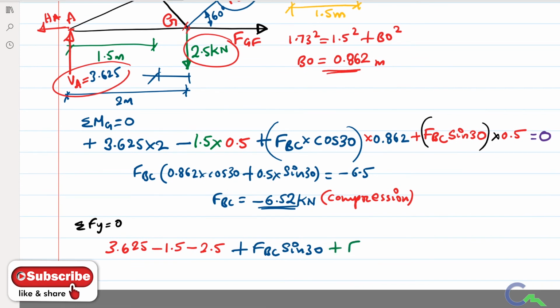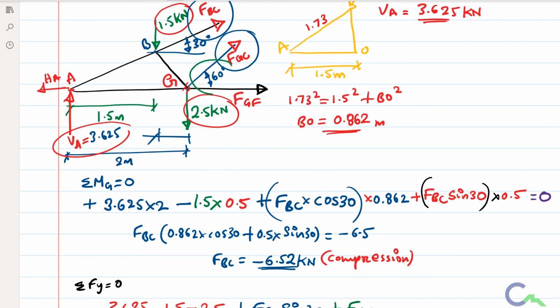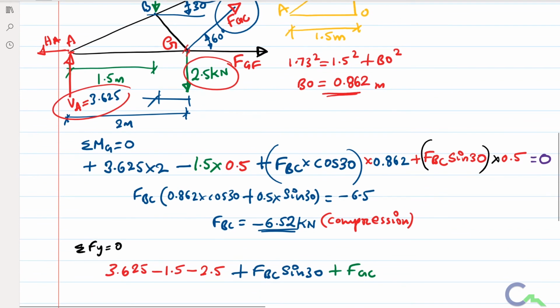Therefore plus FGC sine 60. Since I am resolving in vertical direction, no need to calculate FGF, therefore this is equal to 0.